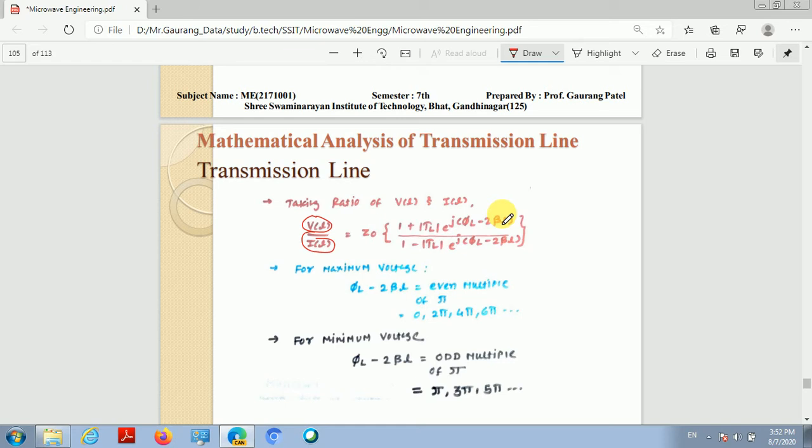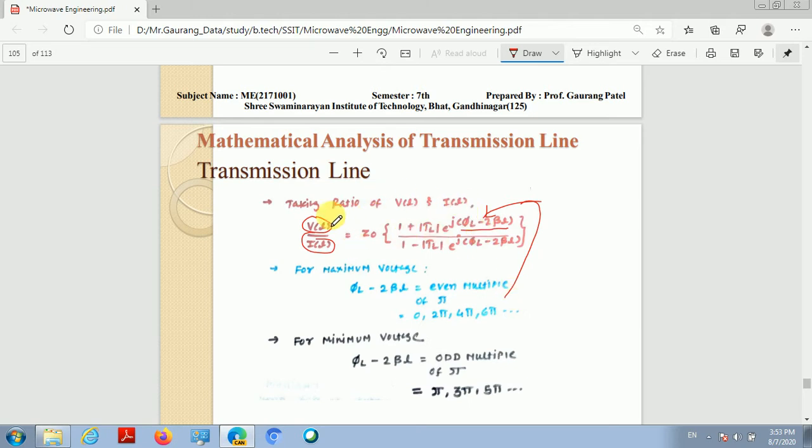Now as we know, depending on this phase relationship, the voltage at any location will be maximum or minimum. Similarly, current will be minimum and maximum. For maximum voltage, this phase should be an even multiple of pi, that is 0, 2 pi, 4 pi and 6 pi.